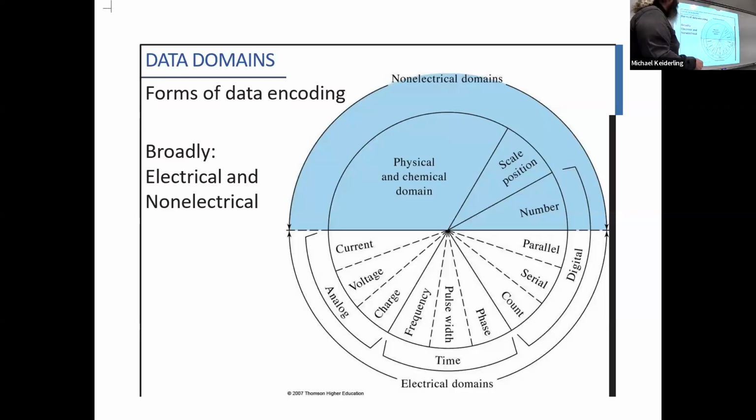In the electrical domains, you can measure time, so things like frequency, pulse width, or phase. And the analog aspects of electrical things are things like current, voltage, and charge. Often you have some device that generates a current or a voltage or a charge, and then you measure that and convert it into some digital output that you can feed into a computer and record.